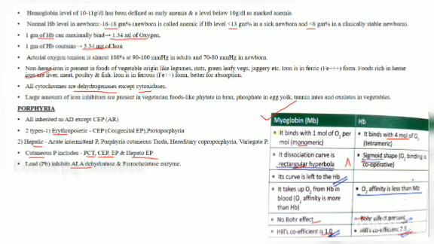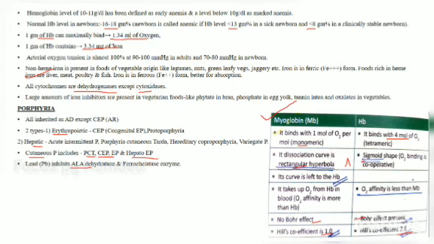It includes PCT, that is porphyria cutanea tarda, CEP, that is congenital erythropoietic porphyria, erythropoietic protoporphyria, and hepatoerythropoietic porphyria. Okay, so these all include cutaneous manifestations. Then lead inhibits ALA dehydratase and ferrochelatase enzyme.